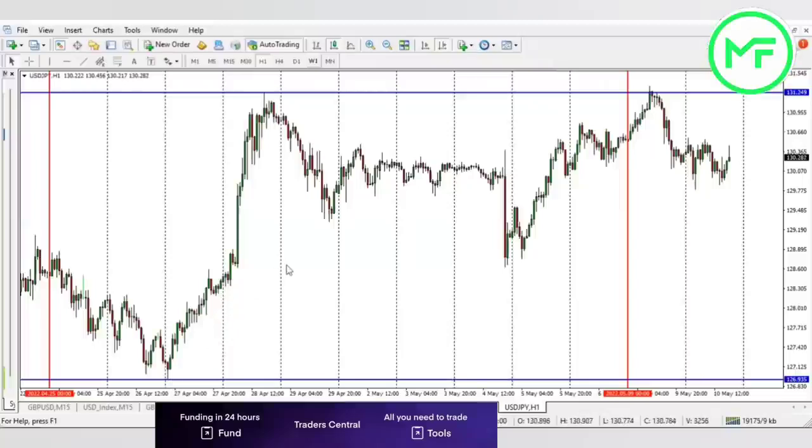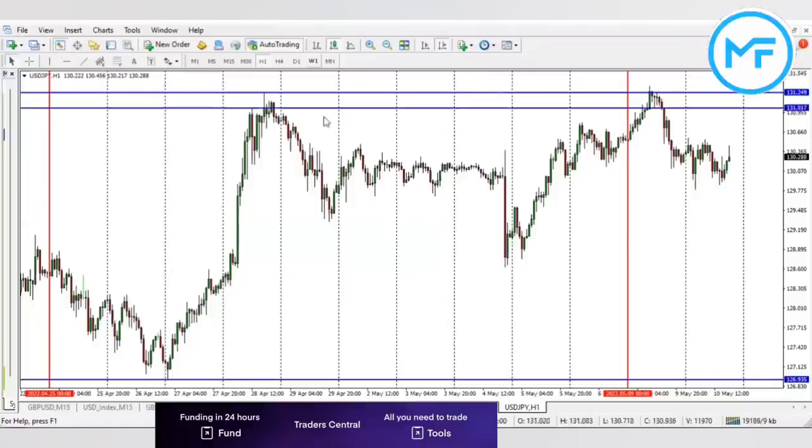So when you do that, you now find the second highest point where the market has moved to, which can be this one, right? Yes. And also the second lowest, which can be this one.